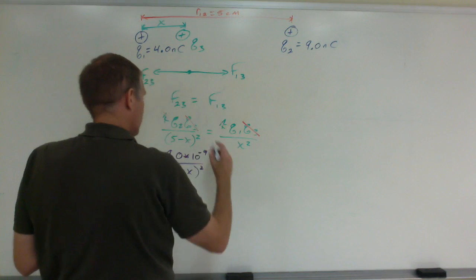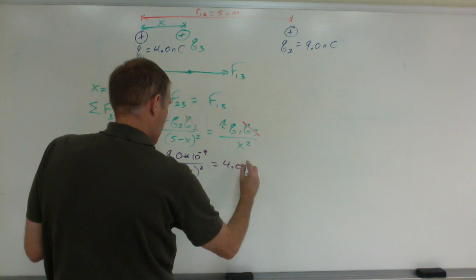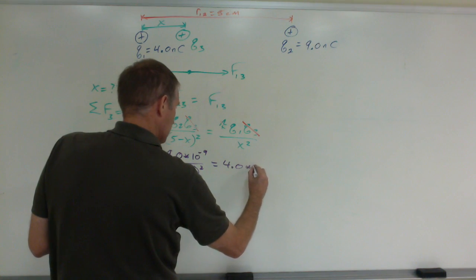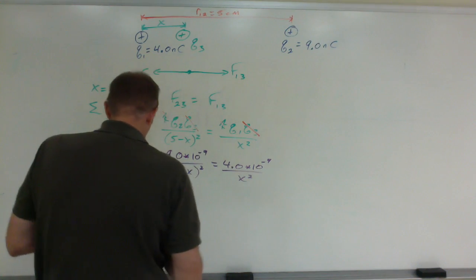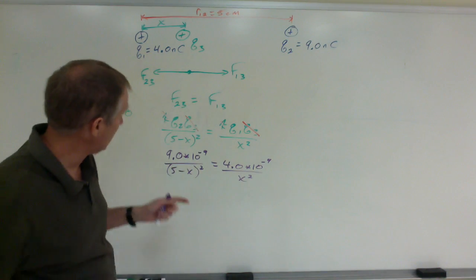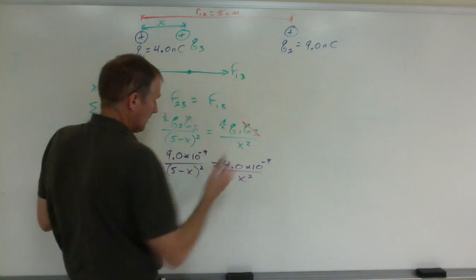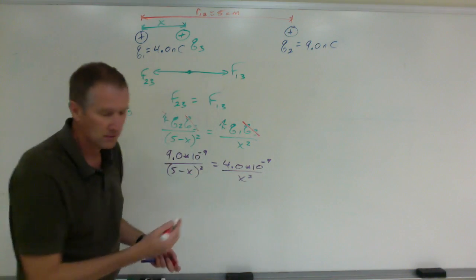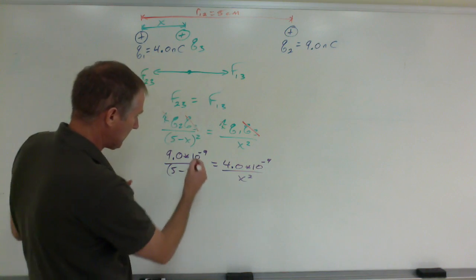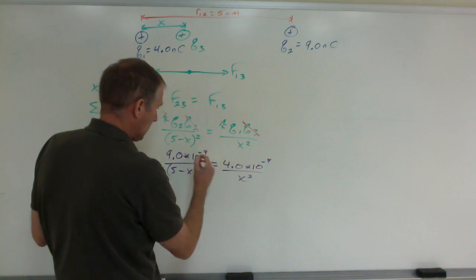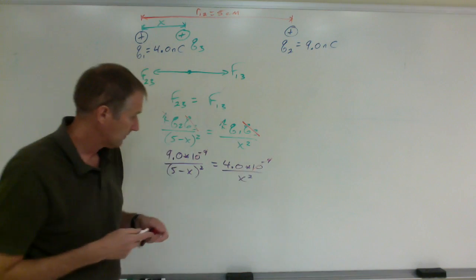Q1 is 4 times 10 to the negative 9, divided by x squared. There's one other thing you can cancel simply because these are both nanocoulombs. You couldn't do this if they had micro and nano or something like that. But because they're both nano, the 10 to the negative 9s cancel in this case.